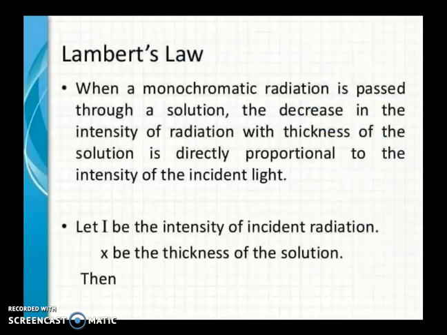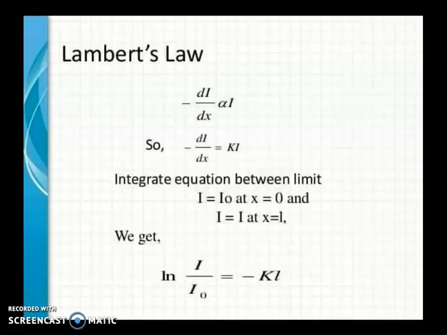Now Lambert's law. When monochromatic radiation is passed through a solution, the decrease in the intensity of radiation with thickness of the solution is directly proportional to the intensity of the incident light. Let I be the intensity of incident radiation, x be the thickness of the solution, then minus dI by dx is directly proportional to I, so minus dI by dx = kI.